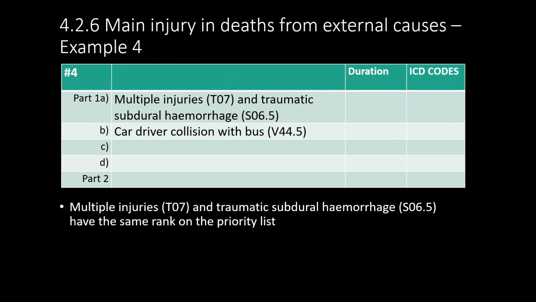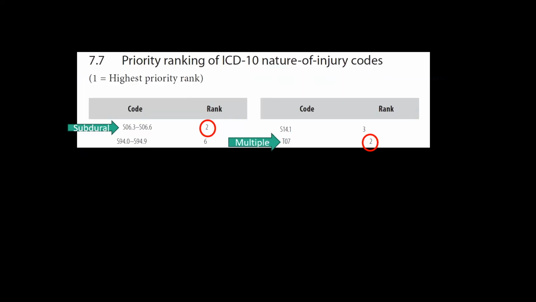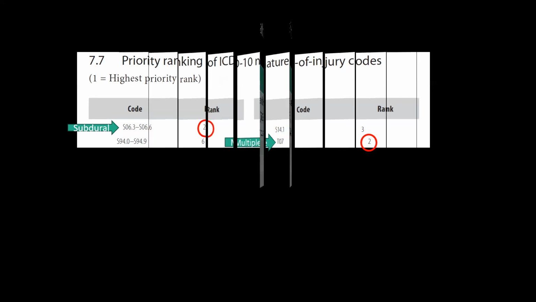Multiple injuries, T07, and traumatic subdural hemorrhage, S06.5, have the same rank on the priority list. In Annex 7.7, subdural hemorrhage is rank 2, and multiple injuries are also ranked 2. So they are on the same rank.